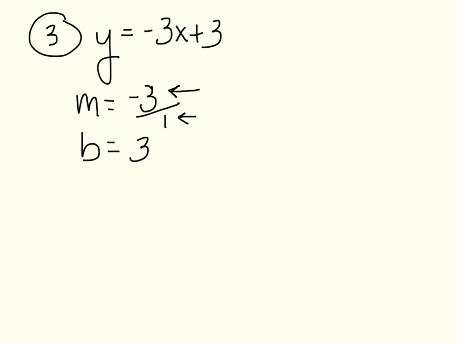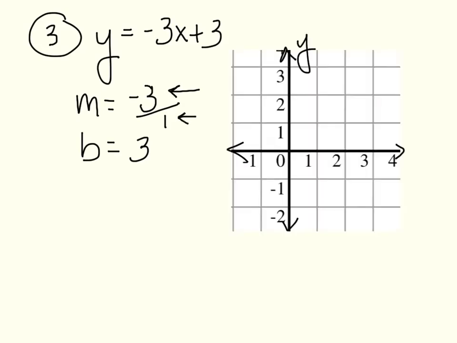So let's graph this. Step 1, start at b. The y-axis is 3. We put our dot at 3. That's where you always start, your b. From that point, our slope is rise over run. So we go down 3, 1, 2, 3, to the right 1.